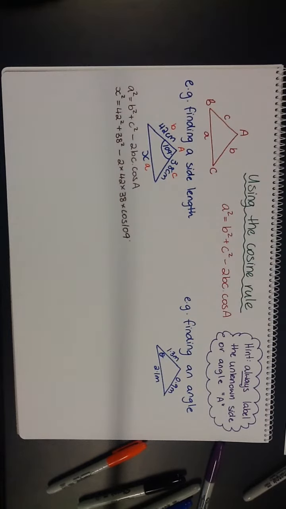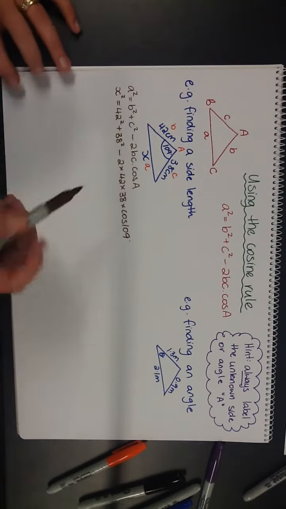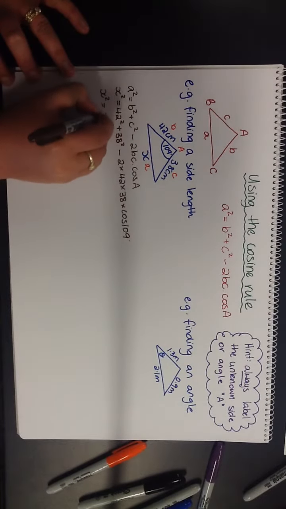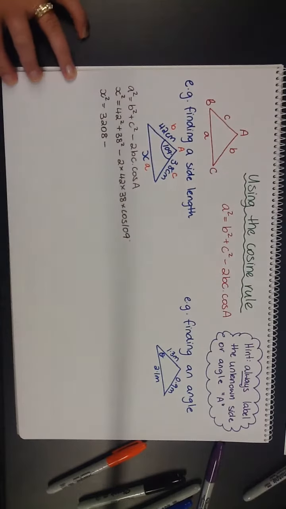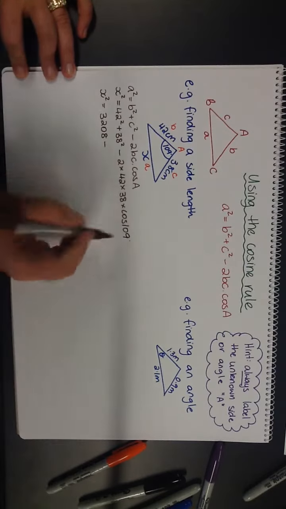Alright, our next step is to simply do some calculations to simplify things. So I'm going to work out what 42 squared plus 38 squared is. And then I'm also going to calculate what 2 multiplied by 42 multiplied by 38 is.